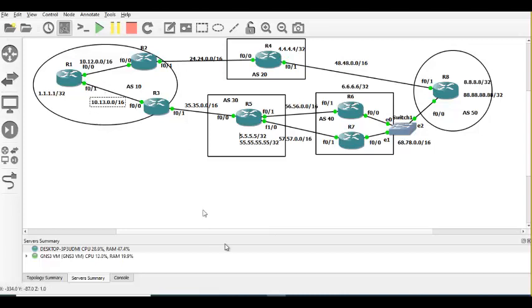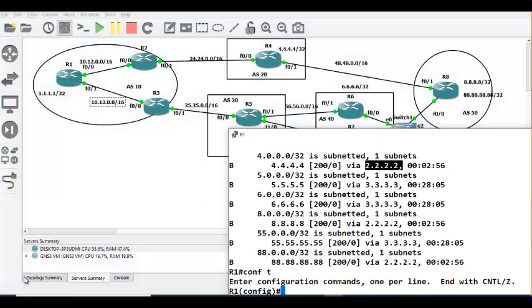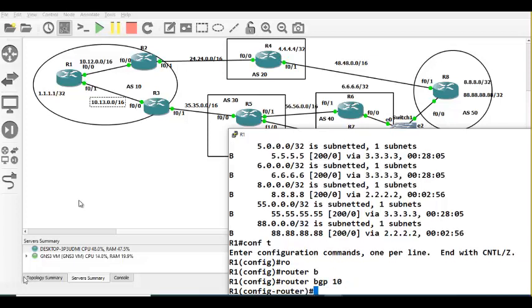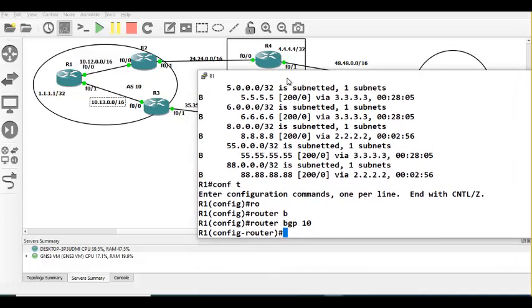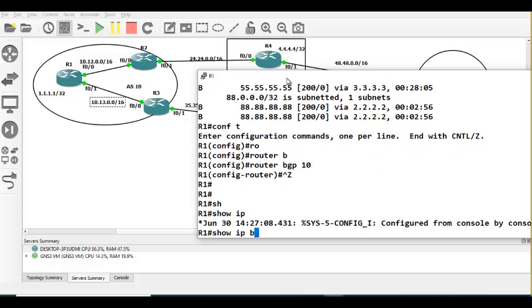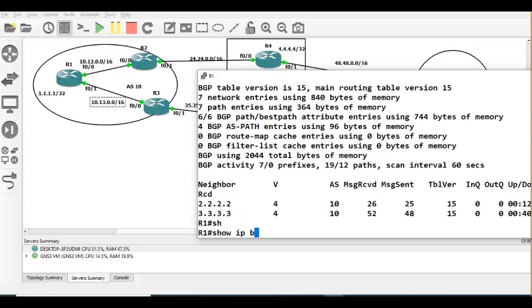So let us now do some changes to our router BGP 10. Before I change, I want to show you show ip bgp summary, show ip bgp.